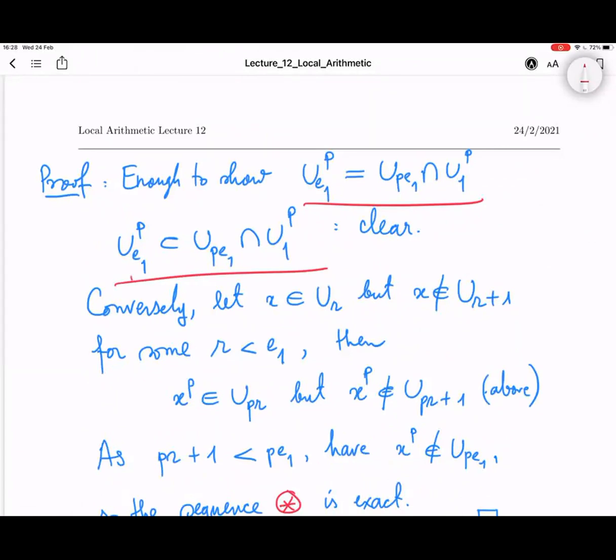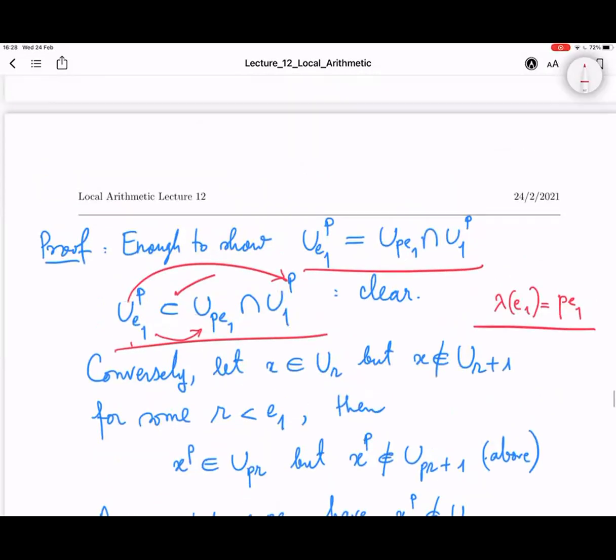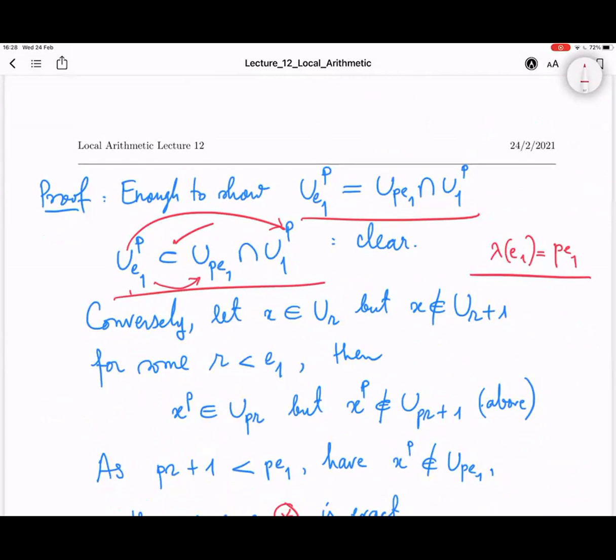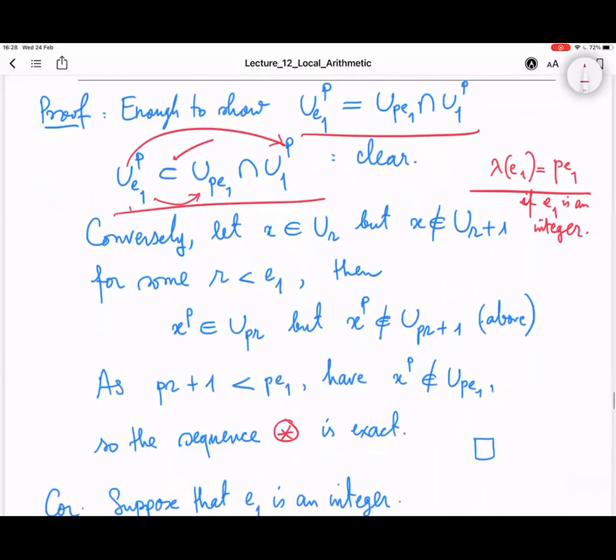This inclusion is clear because, of course, this is contained in this, and this is also contained in this because lambda of e_1 is equal to pe_1. That's how things are if e_1 is an integer, and otherwise lambda of e_1 doesn't even make sense because lambda is defined only for integers.